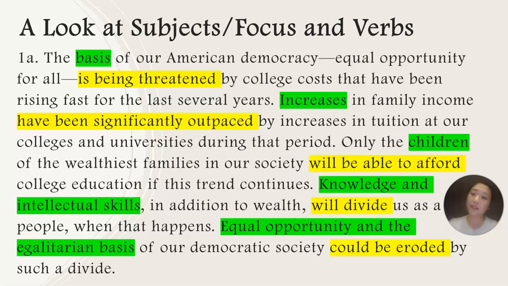And so we see here at its core, each sentence says basis is being threatened, increases have significantly outpaced, children will be able to afford, knowledge and intellectual skills will divide, equal opportunity and the egalitarian basis could be eroded. Those are the cores of each sentence.